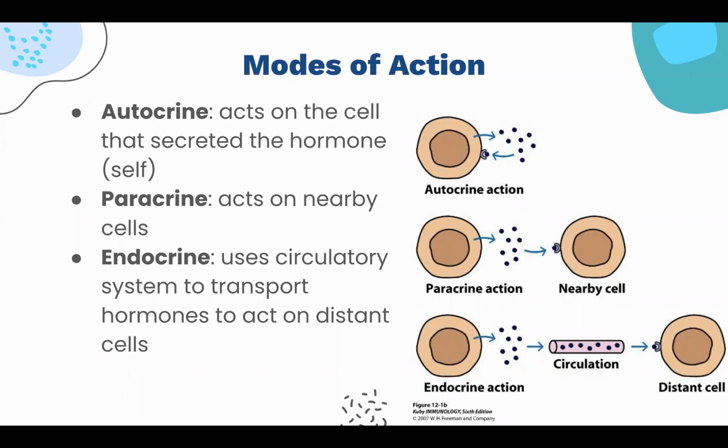An example would be testosterone that's produced by the Leydig cells in the testes, which act on the Sertoli cells to help sperm mature. And finally, endocrine action involves a cell secreting hormones which circulate in the blood vessels to act on distant cells. An example would be FSH that's produced in the anterior pituitary gland that travels all the way down to the ovaries.